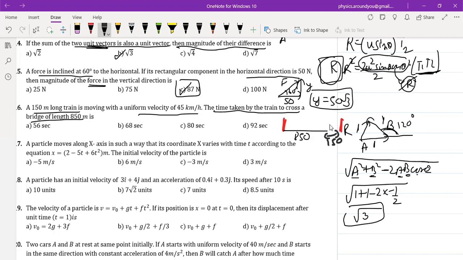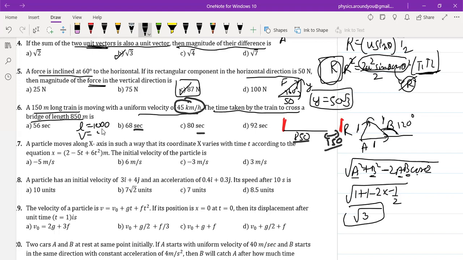So what is the total distance traveled by the head of the train? 850 plus 150, that is 1000. The distance is 1000. And what is the speed? 45 into 5 by 18 you do. Kilometer per hour is given, convert to meter per second because answer is in seconds. So that is when I realized that the distance is 1000 and speed v is 45 into 5 by 18.